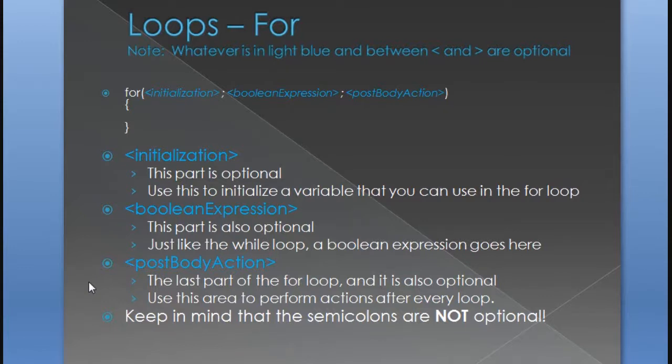The post body action is the last part of the for loop, and it is also optional. Use this area to perform actions after every loop. Keep in mind that the semicolons are not optional. You need the semicolons. If you want an infinite loop, just do for parenthesis space semicolon, and parenthesis. I'll demonstrate that now.